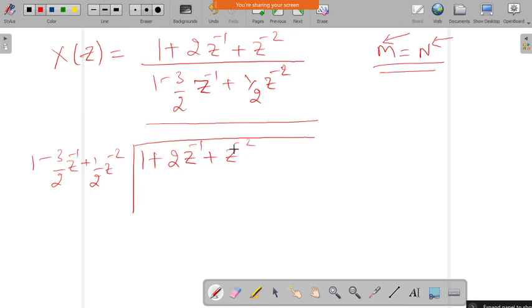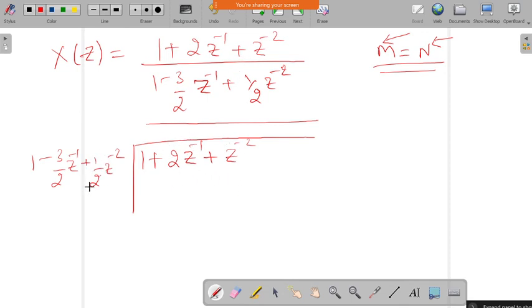How many times will it divide, so that we can get the factor? We need to cancel this z power minus 2, because it is equal in both numerator and denominator, and then we get the reduced power.